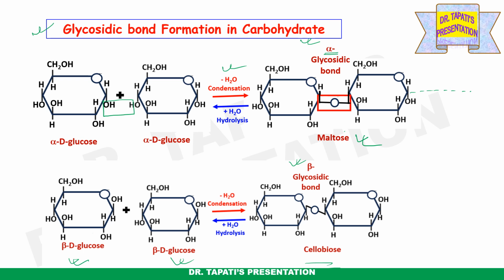So you can consider glycosidic linkage two types, alpha and beta, and sometimes you will find alpha 1,4 linkage, but somewhere you will find alpha 1,6 bond also present, especially in glycogen and starch molecule. Along with the alpha 1,4 linkage, alpha 1,6 linkage is also present.